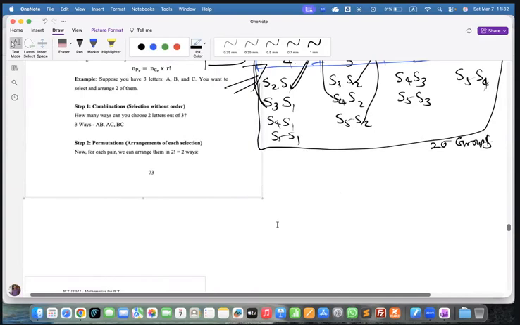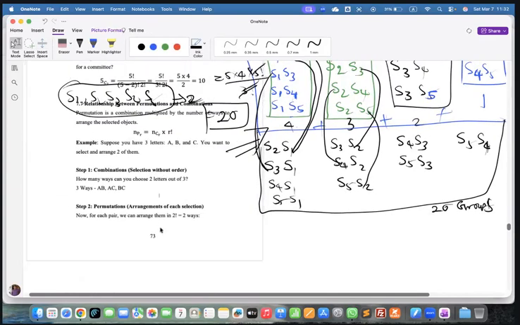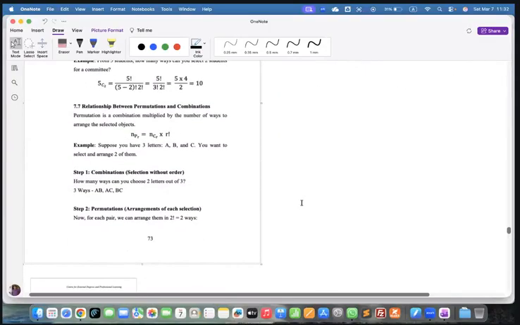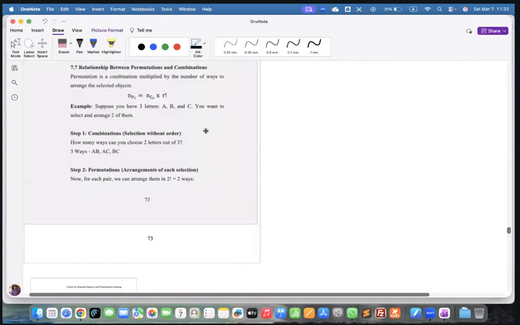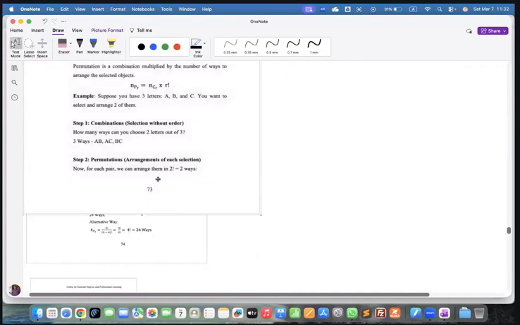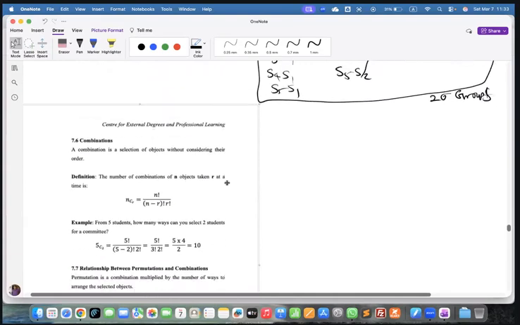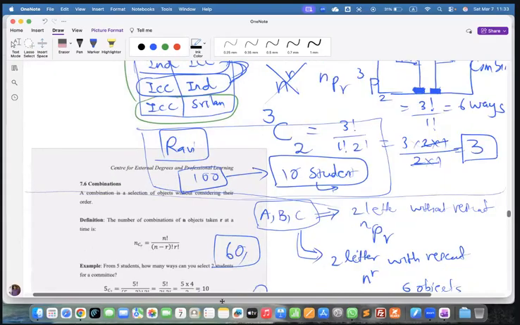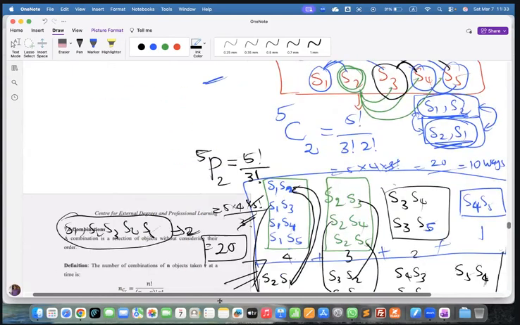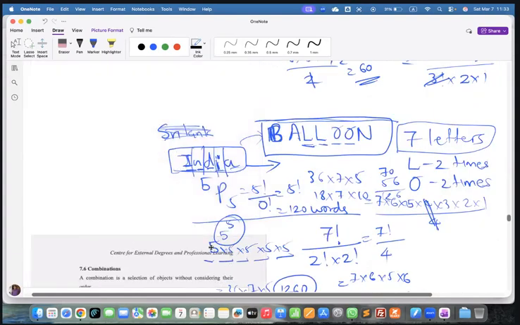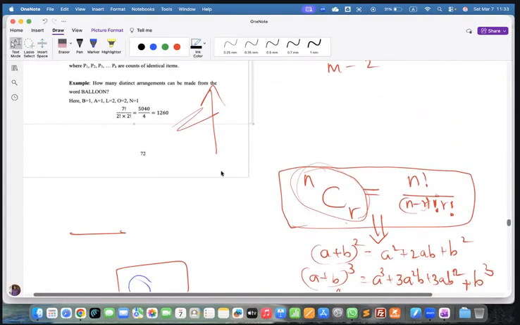The same explanations they are giving here also. Any questions?